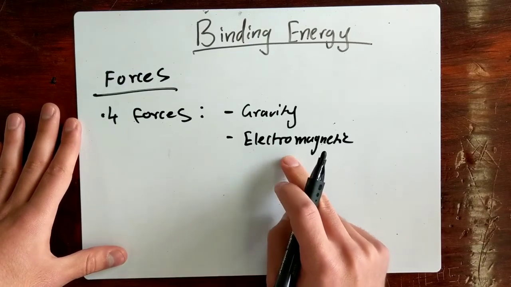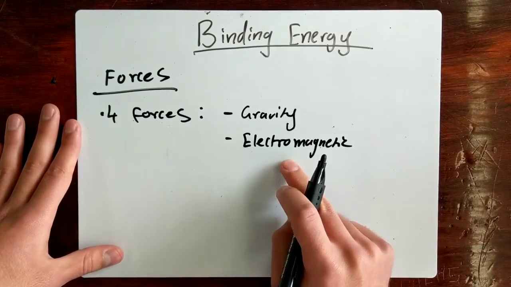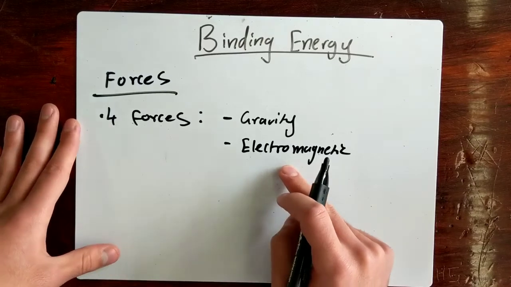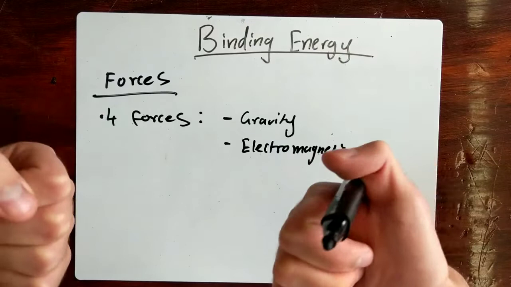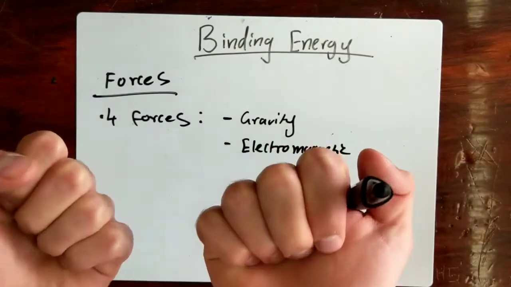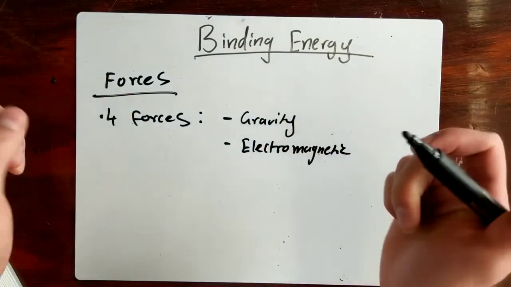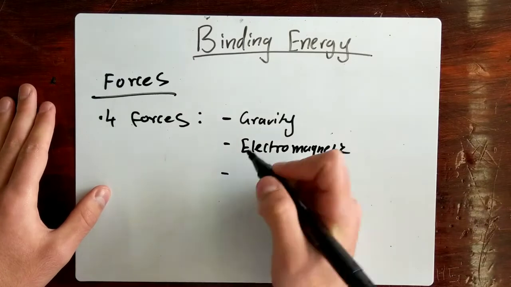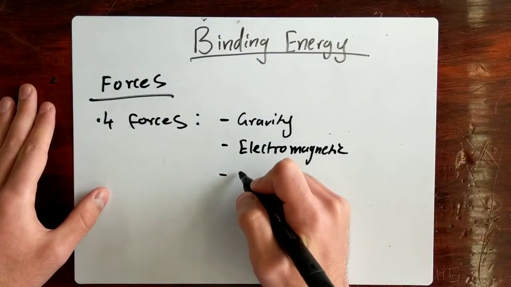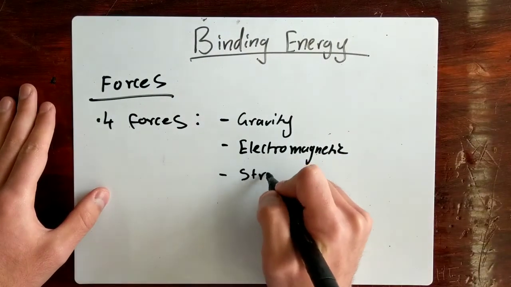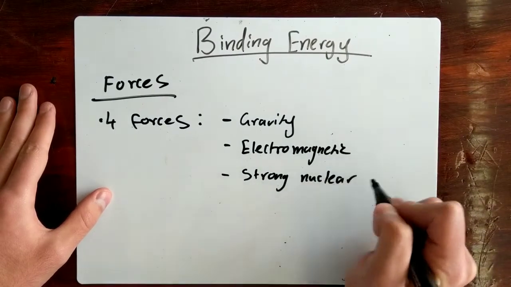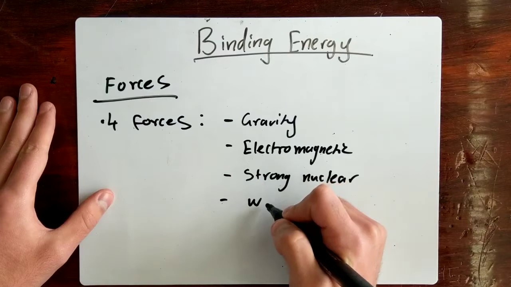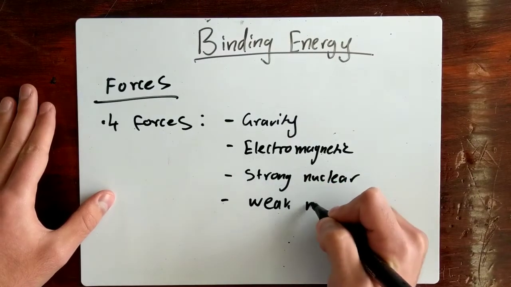Even if you don't know it by that name, that is the name of the force that, for example, causes positive and negative charges to be pulled towards each other and like charges to be repelled. That's the electromagnetic force. The two that you might not have heard of are the strong nuclear force and the weak nuclear force.